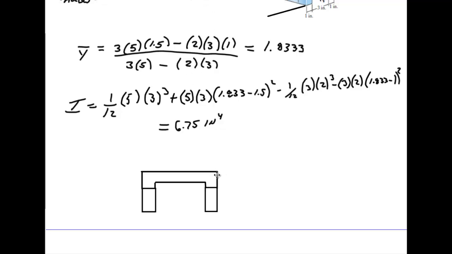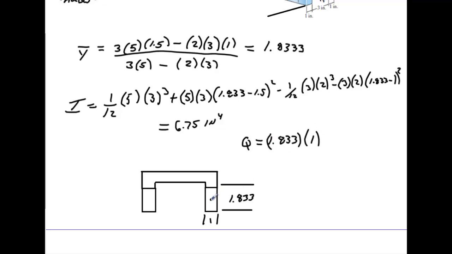Again, this is kind of rough. What I would do, it's going to be easier to do your Q value if you do just this piece down here and not this piece up here. So now we know that the distance from here up to here, when we calculate the centroid, was 1.833. We know these are 1 inch thick. So Q, in this case, will just be the area, which will be 1.833 times 1.